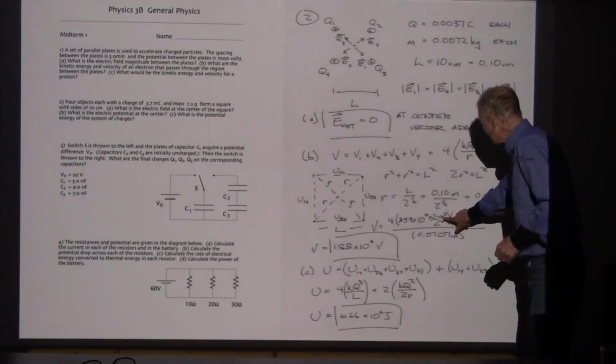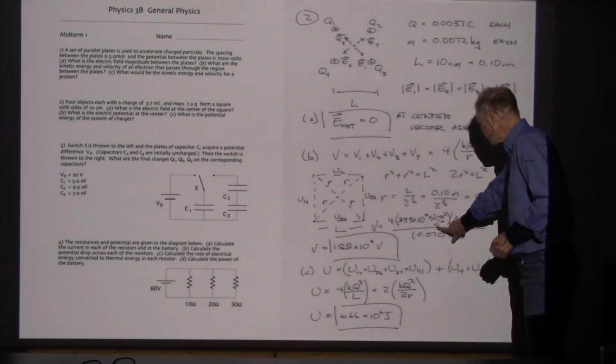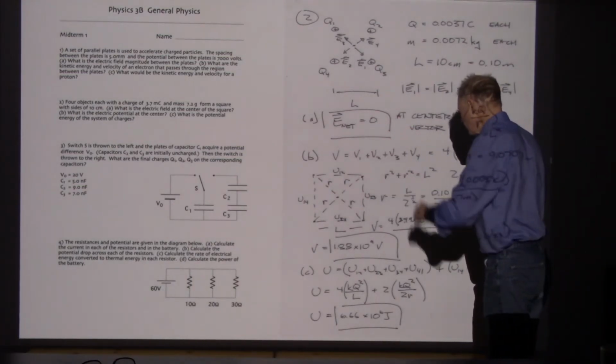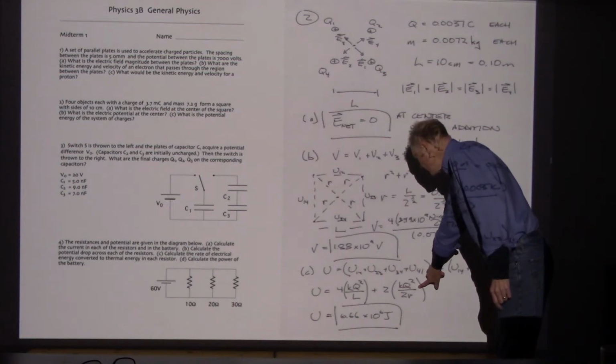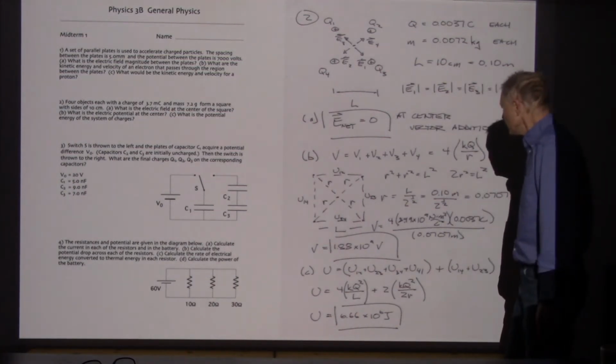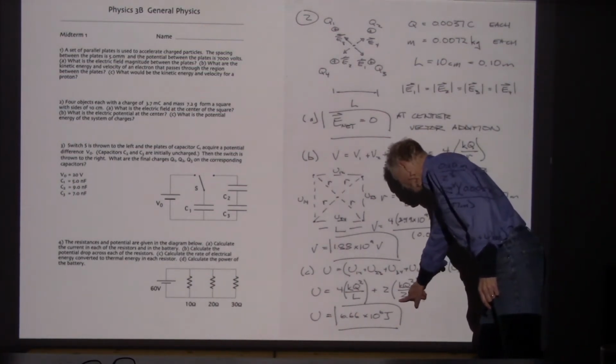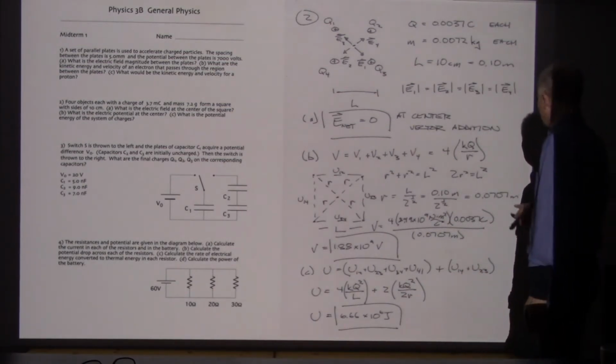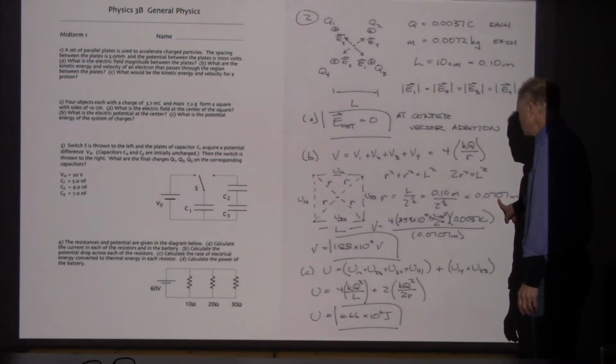So little k has meters inside and newtons and coulombs. So 4 of those perimeter interactions and 2 of the diagonal interactions through the center. Now that's going to be given by 2 times r. So that's why we needed to determine what r is equal to.